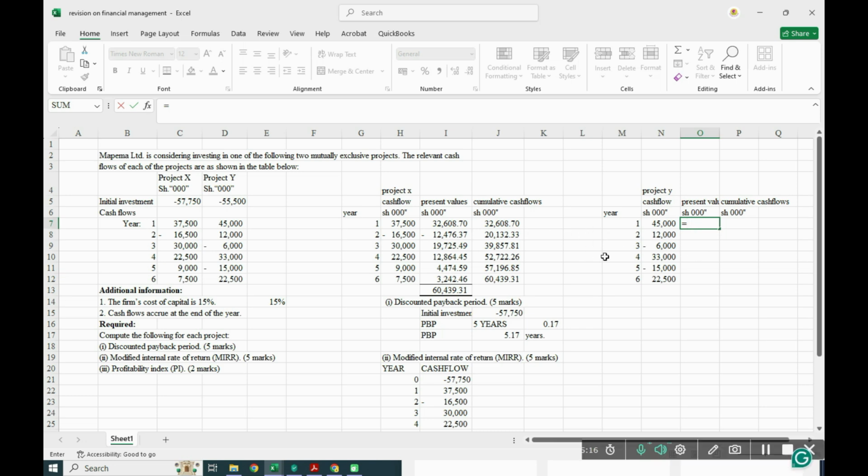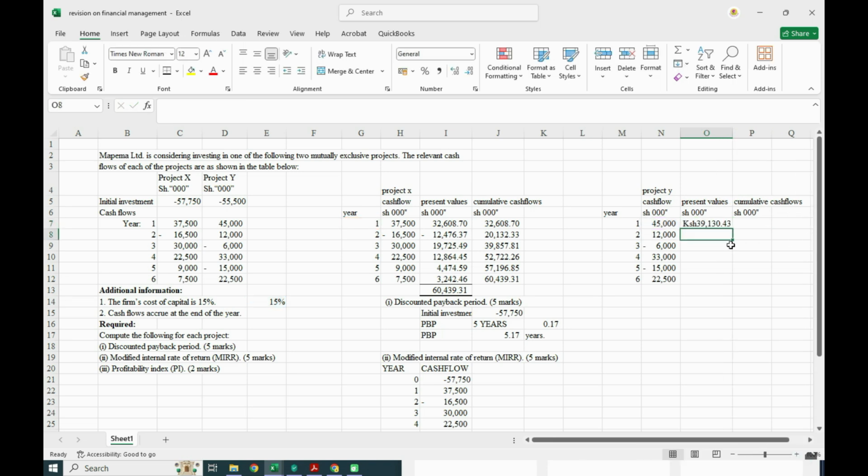So here we shall take our PV, present value. Our rate was 15, which we are locking. Then the number of periods from year 1. Here put a comma. The payment is 0, we're not having any payment here. And the future value, put a negative, close the bracket and enter.